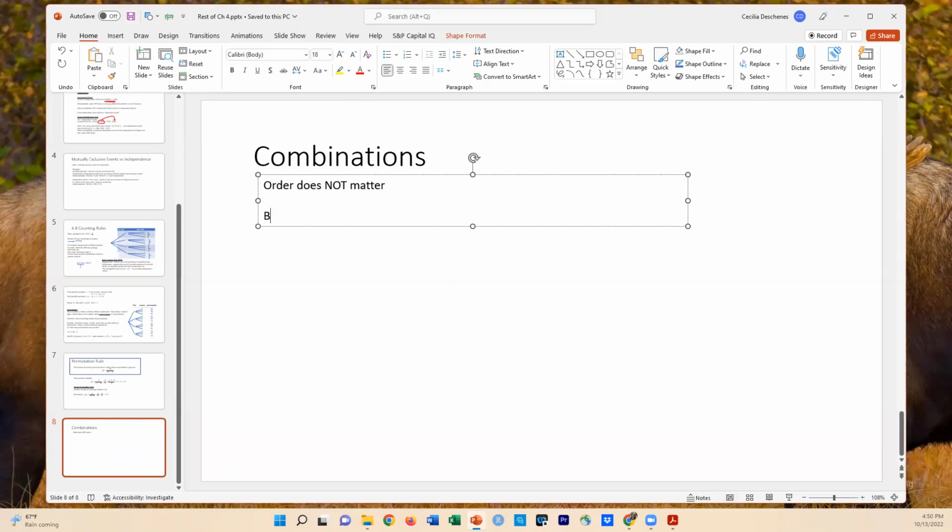So back in the previous example, where we were choosing two colors from 4 choices, remember, we had M equals 4 and R equals 2. Let's go back and look at those.